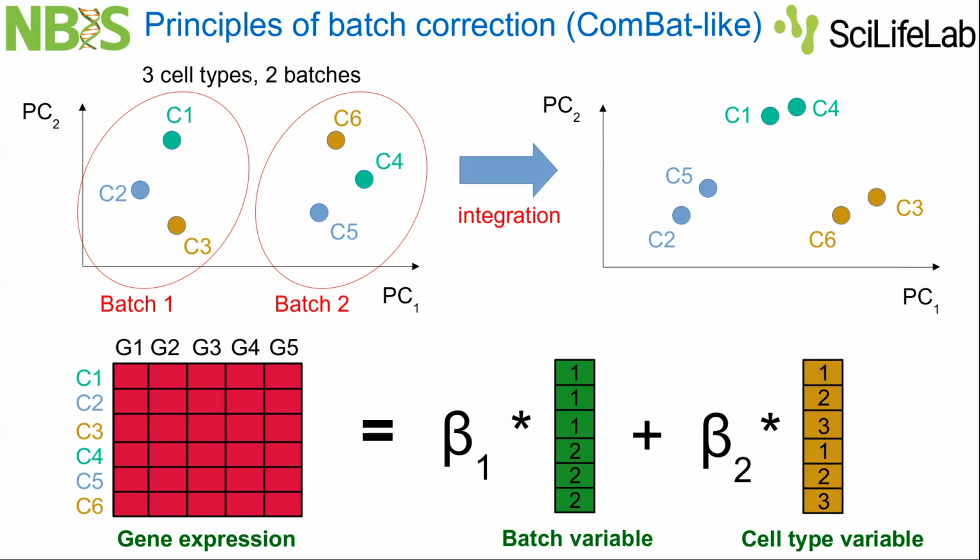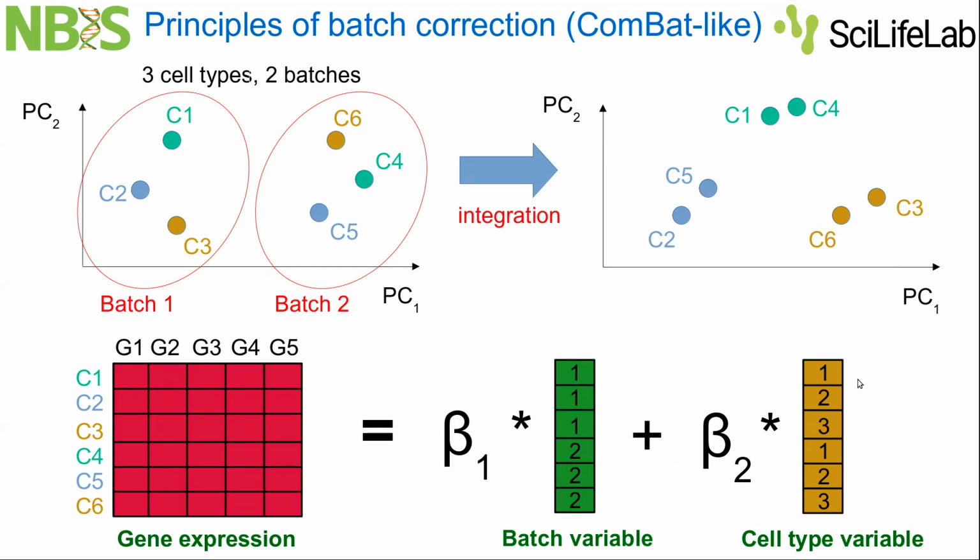Second, due to different cell types. So we are constructing these 2 variables, green and orange. Here I'm coding my cells, C1, C2 and C3, for example, as belonging to batch number 1. The rest of the cells belong to batch number 2. This is what 1 and 2 in this vector mean.